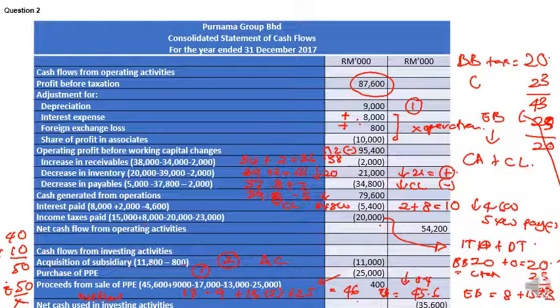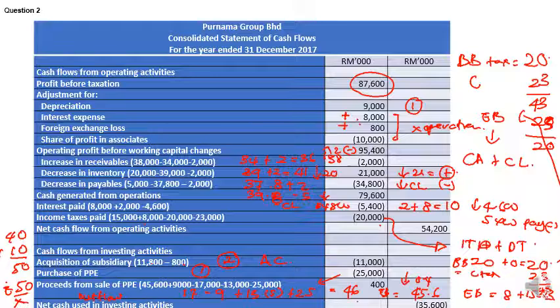So you need to add the current tax of 23 to the beginning balance of 20, and altogether you're going to have 43. This is your beginning, and then we compare with the ending balance, which here is 20.